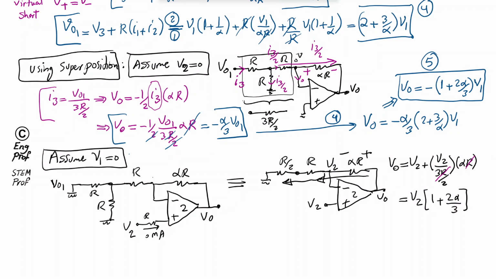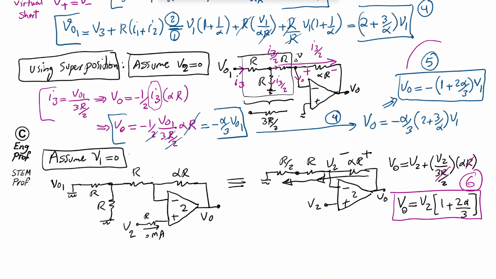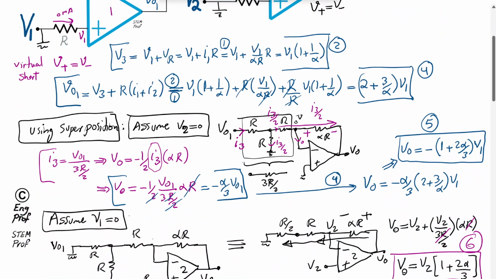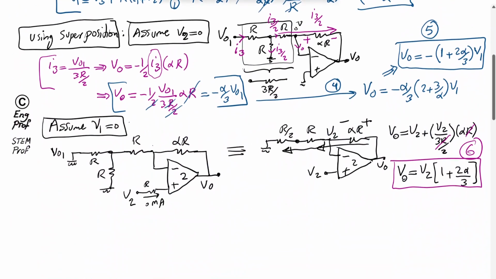Okay, so we found the contribution of V2. One more time repeating V out so that I have it. There you go. So we found that V out is this one, which we refer to as, say, equation number 6. Combining equations 5 and 6, the two contributions of V1 and V2 to the output voltage, we get the final result because these are the outcomes of superposition.